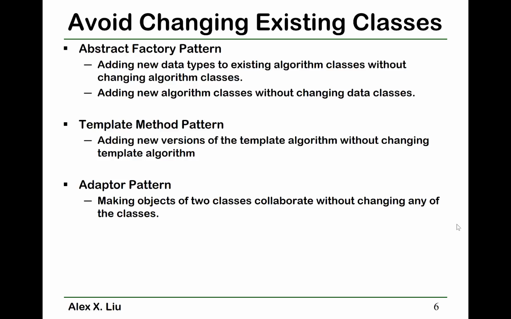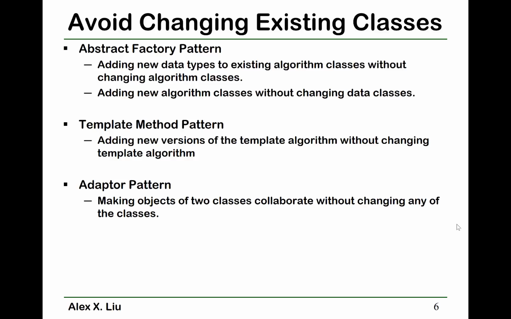We have learned three design patterns, and now let's review how these design patterns avoid making changes to existing classes. For the abstract factory pattern, we can add new data types to existing algorithms without changing the algorithm classes, and we can add new algorithm classes without changing the data classes. For the template method pattern, we can add new versions of the template algorithm without changing the template algorithm.